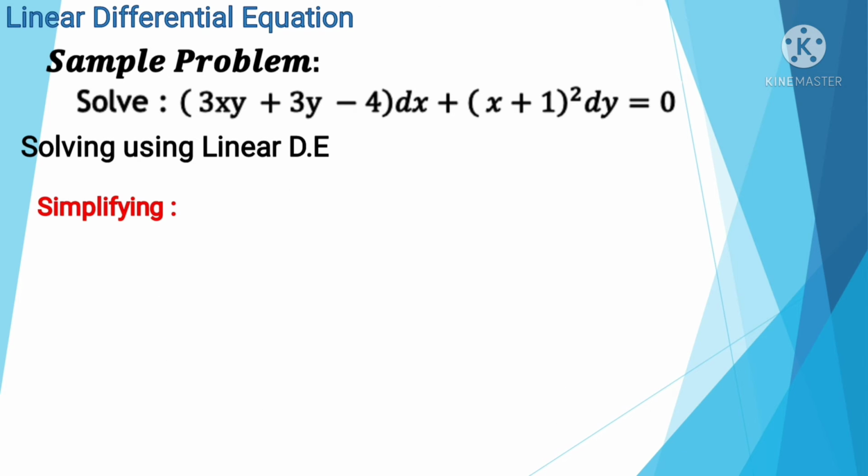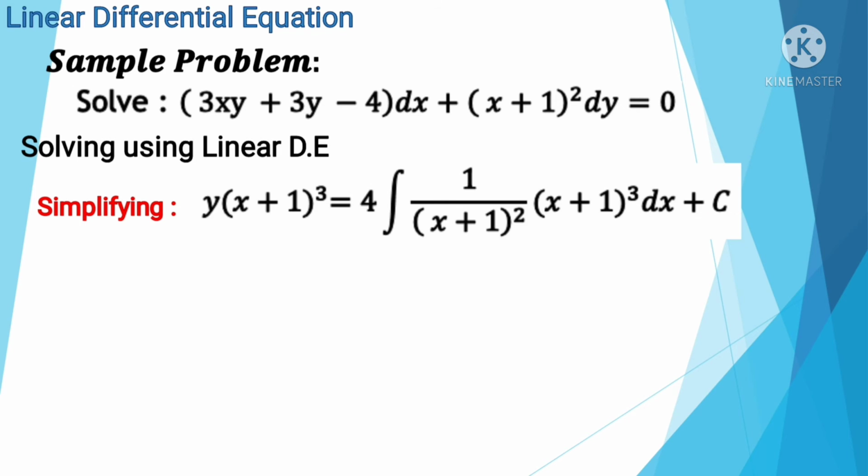Simplify the equation, factor out 4 from the integration, and it will become y times the quantity of x plus 1 cubed is equal to 4 times the integral of 1 over the quantity of x plus 1 squared times the quantity of x plus 1 cubed dx plus c.